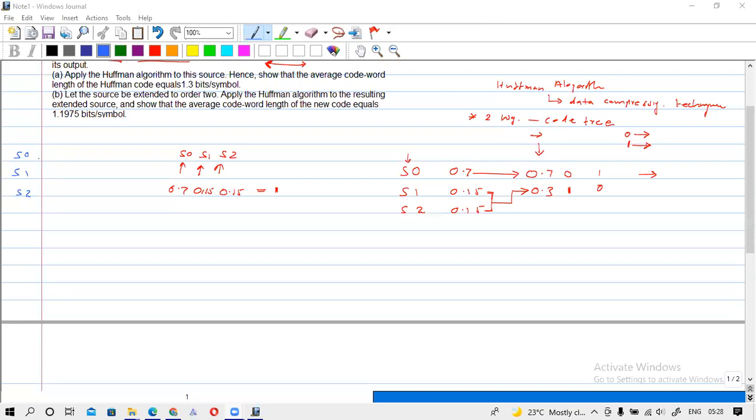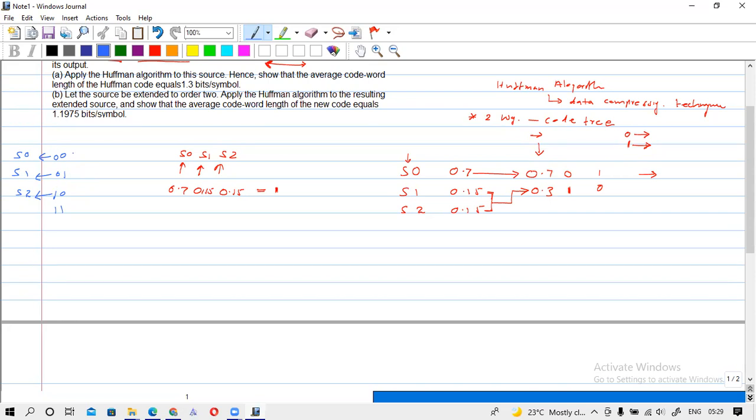So if we have 2 bits, we can have four different combinations, that is 00, 01, 10 and 11. Out of these 4 you can assign 3 combinations for these 3 characters, no? So this is without Huffman coding.